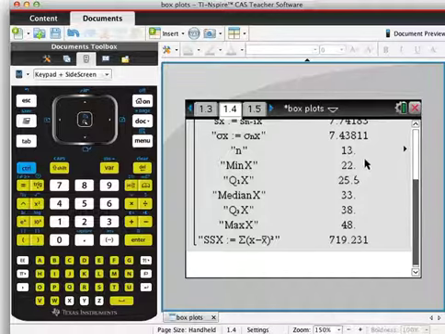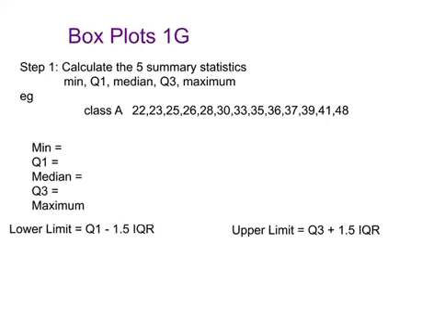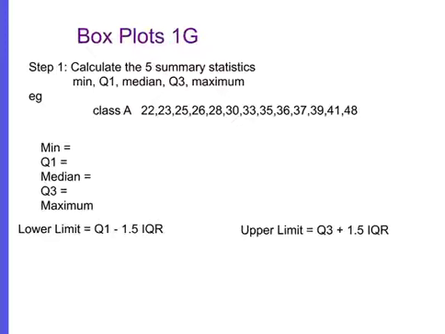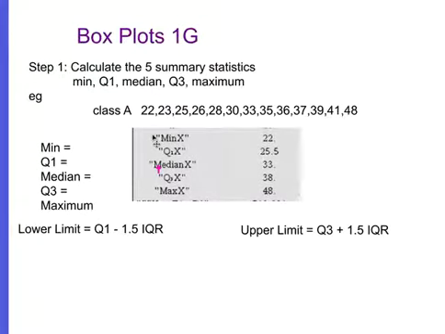You can see here we've got our minimum value being 22, Q1 being 25.5, etc. If we go back to our notes, you should have all these results on your calculator: the minimum, Q1, median, Q3 and maximum value.